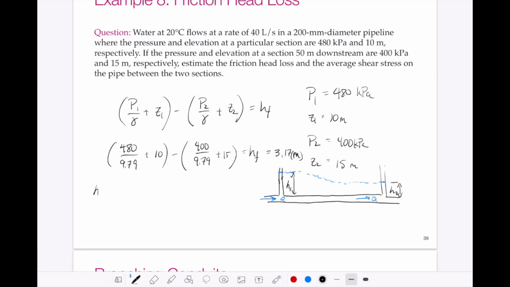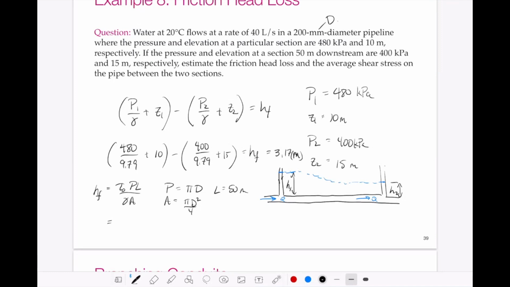So if our frictional head loss is equal to tau 0 times PL over gamma times A, our perimeter is pi times D. Our diameter is given as 200 millimeters. Our length is 50 meters. And the area is pi D squared over 4.